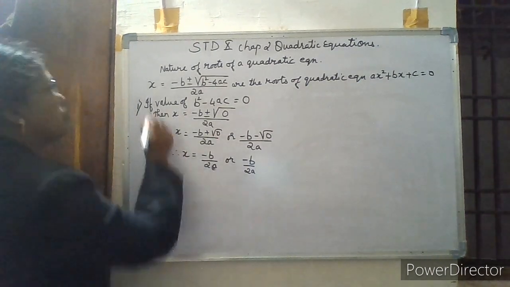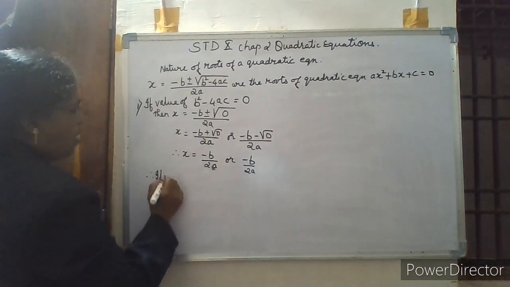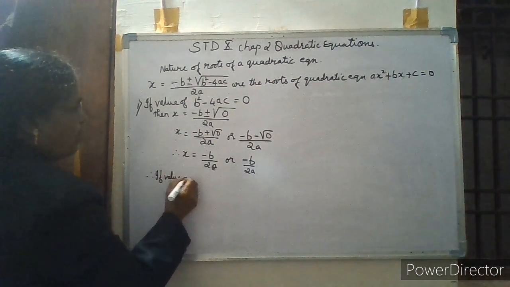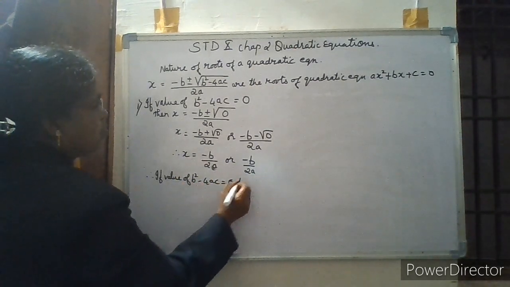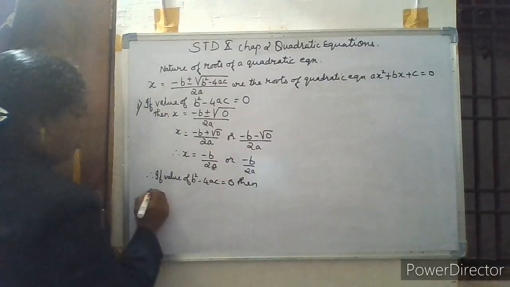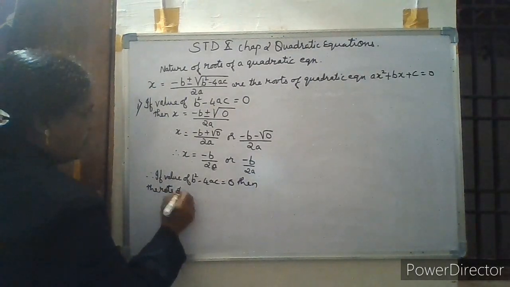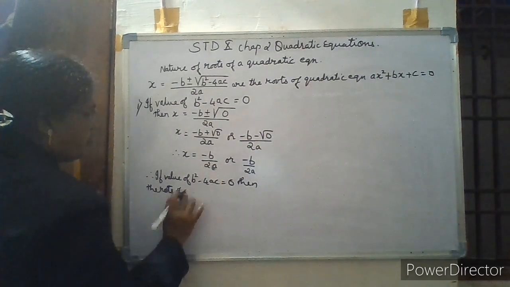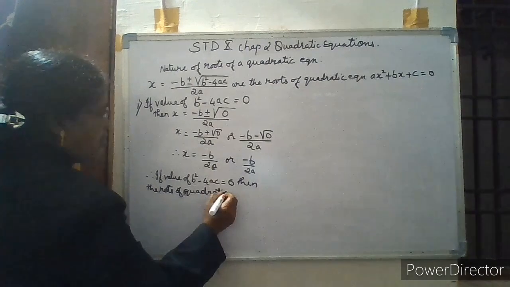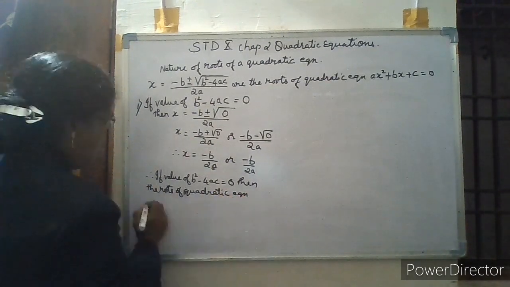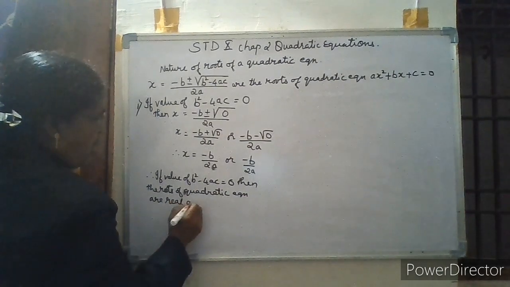Therefore, if the value of b squared minus 4ac is equal to 0, then the roots of the quadratic equation are real and equal.